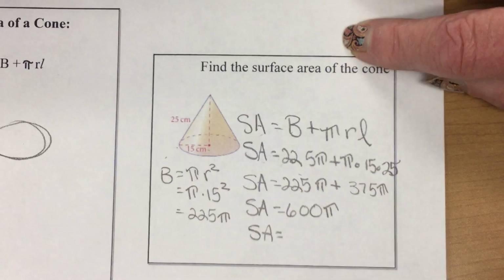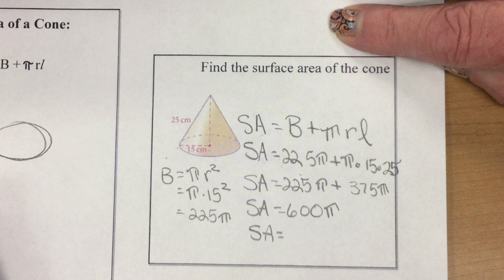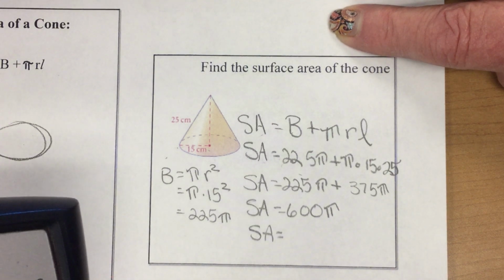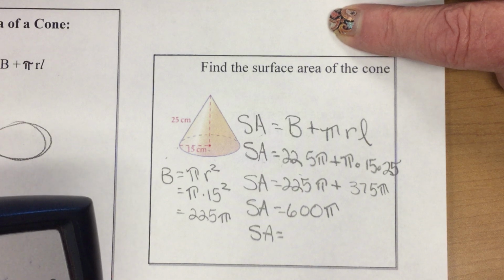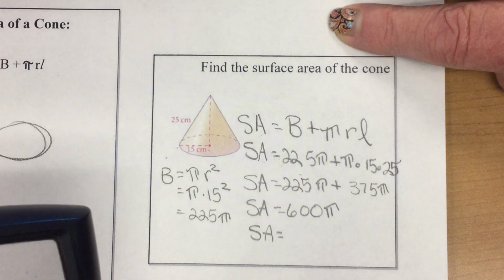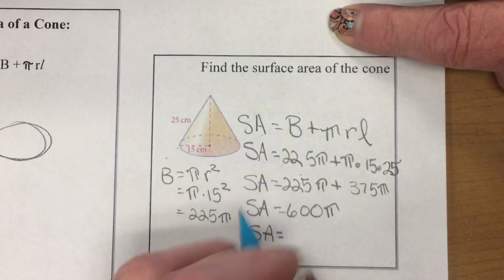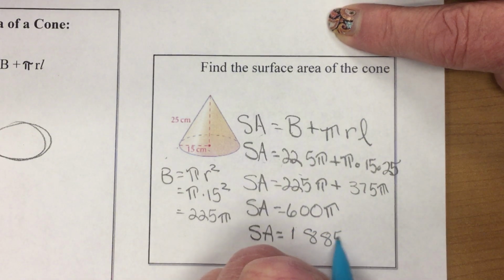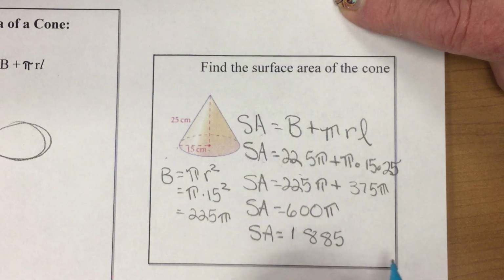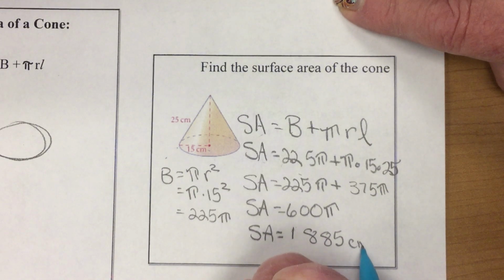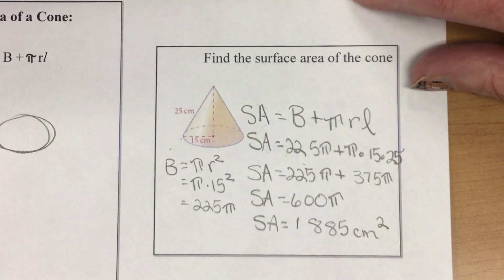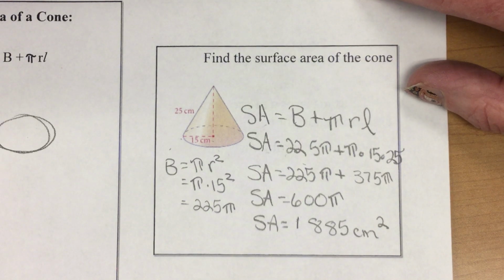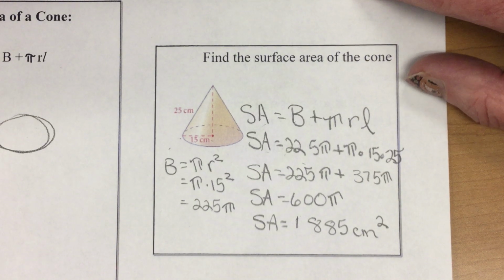And if I punch that in my calculator, 600 pi, I get 1,884.9559. So rounded, 1,885 centimeters squared. That's to the nearest whole square centimeter.